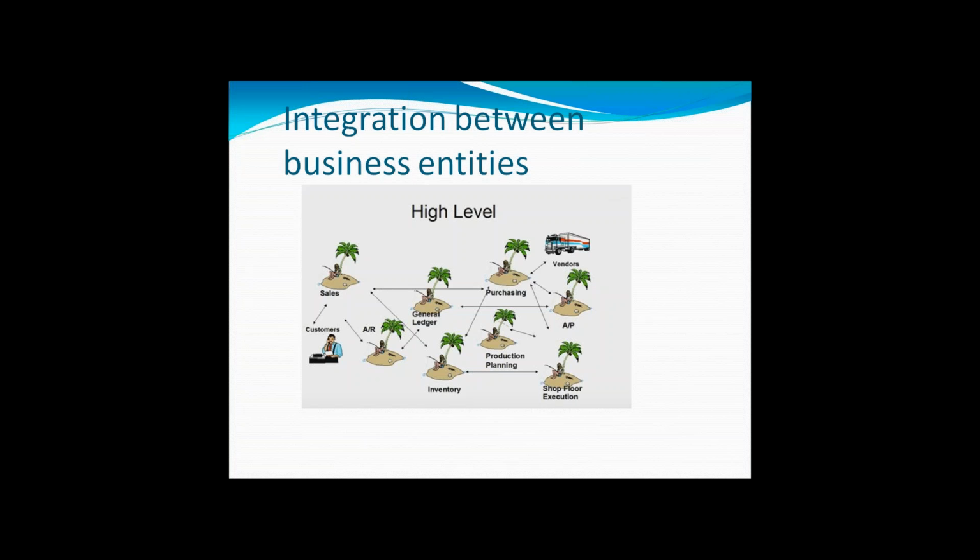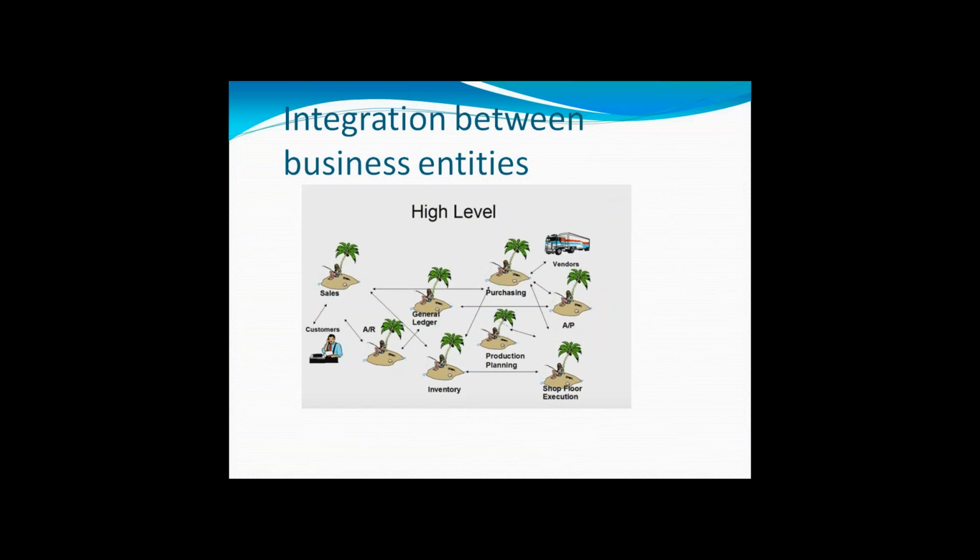If you leave SAP out of the context for a second and look at any business, you will see a sales team integrating with customers, the sales team integrating with the accounts receivable team, and accounts receivable integrating with GL accounts from a finance point of view. Sales also reaches out to purchasing.